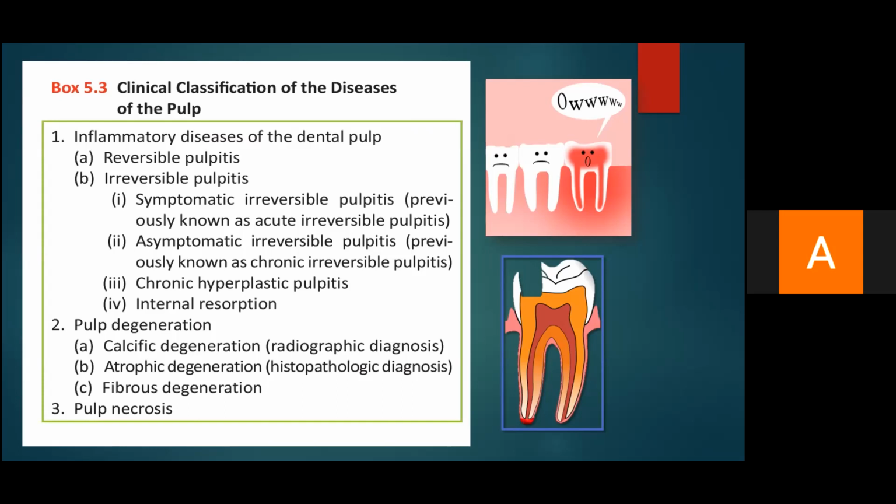Then we have pulpal degeneration diseases like calcific degeneration. Calcific degeneration can be seen only in radiographic diagnosis, because other diagnoses can be seen clinically. Calcific degeneration doesn't have any particular symptom unless you have any other lesions, so it can come out in the radiograph, and then we can diagnose it. Then fibrous degeneration, pulpal necrosis. So this is the clinical classification of the pulpal diseases.